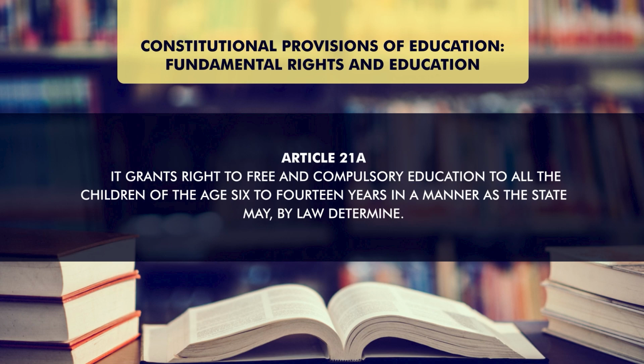The same thing has been included as a fundamental right in Article 21A, that now it is the right of the children, the right of the citizens of this country, to get elementary education. It is the responsibility of the state now to provide free and compulsory elementary education. So it comes under the fundamental rights now.